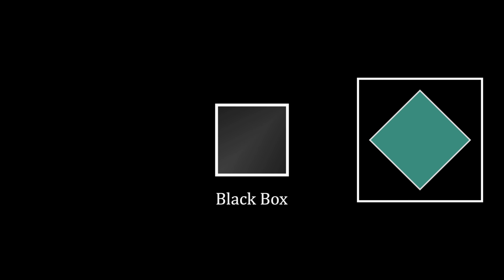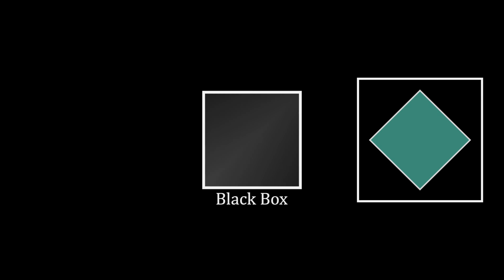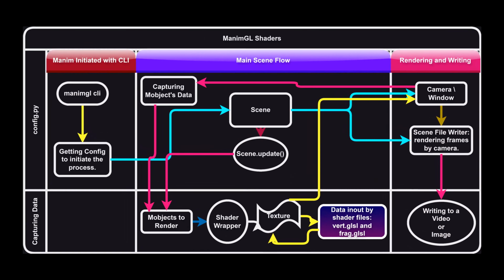I don't want to overwhelm you right now, but there is a lot going on in this black box. From the scene to the camera to the shader wrapper and to the texture and back to the camera and finally to the file writer to write to a video. But among all this integrated structure, among all this maze, I need you to focus only on one thing for now.